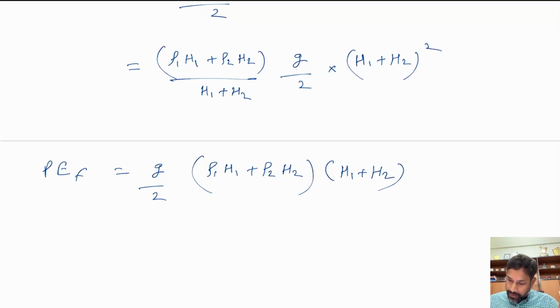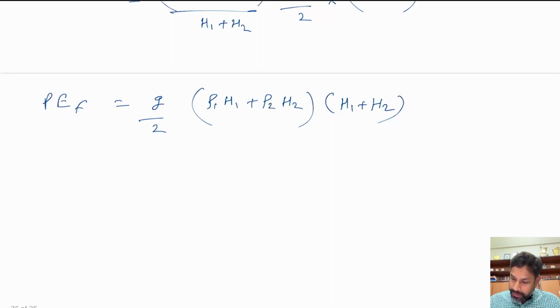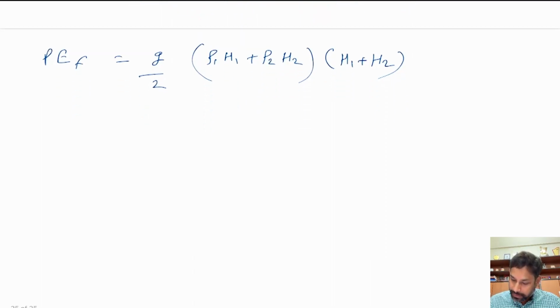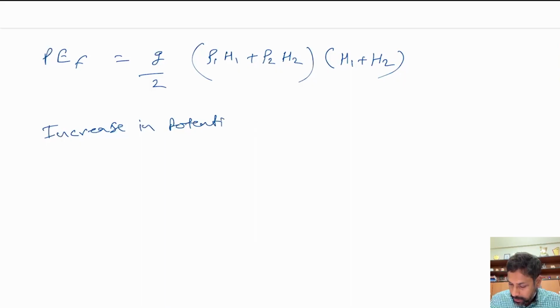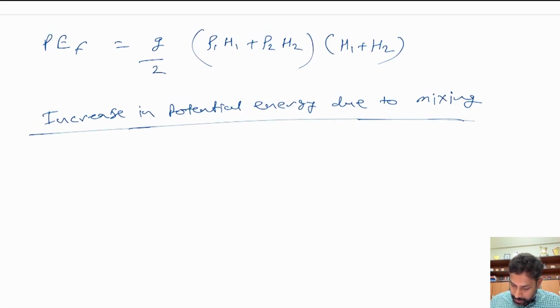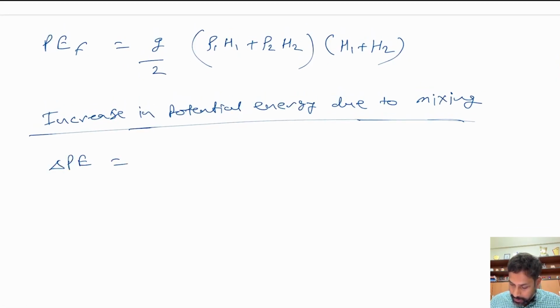We can now find the change in potential energy, or increase in potential energy basically, due to mixing, right? So we will call it delta PE, that will give us PEF minus PEI.